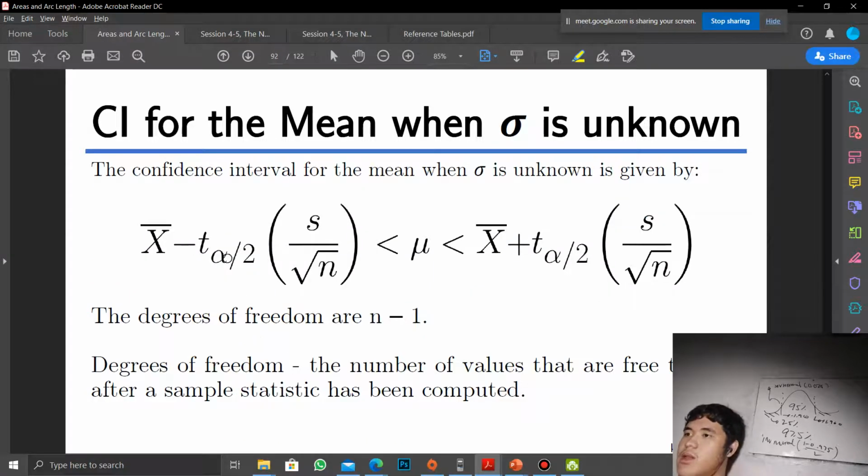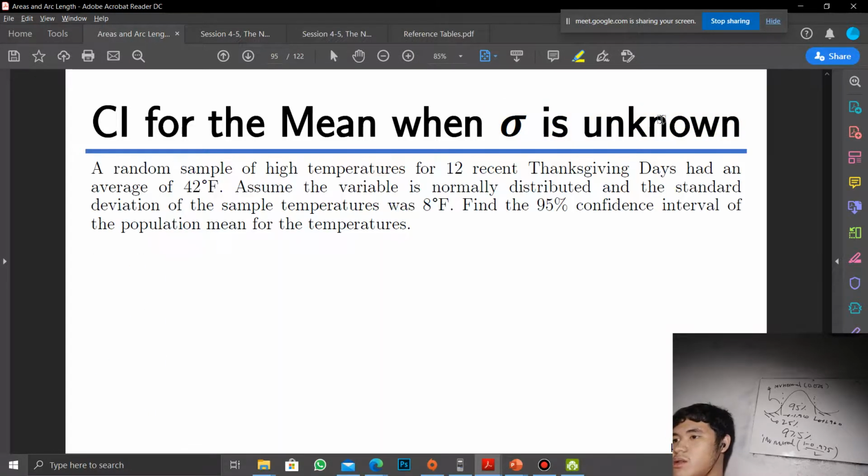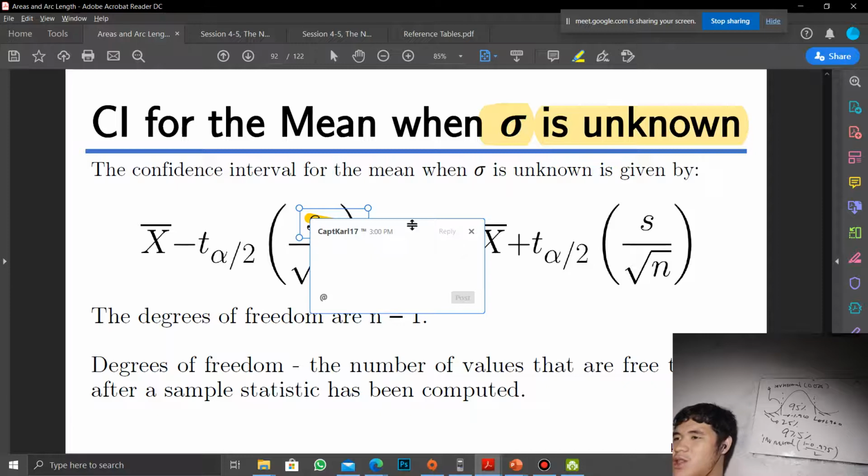And kapag naman hindi mo alam yung sigma, population standard deviation, ang binigay na sa'yo is sample. Kapag walang population standard deviation, the sample standard deviation is the best estimate for the population standard deviation.